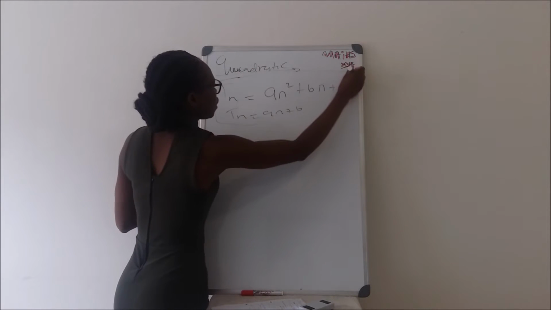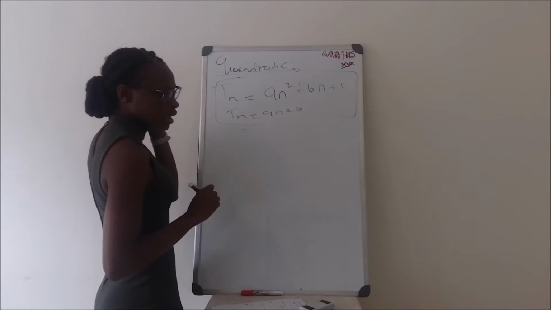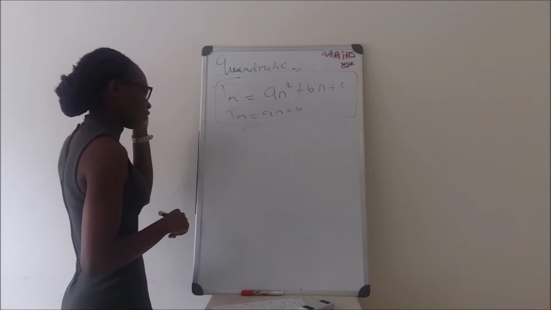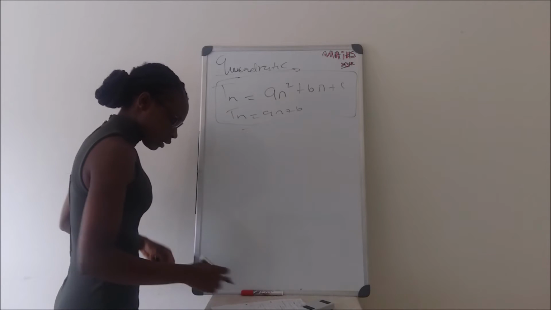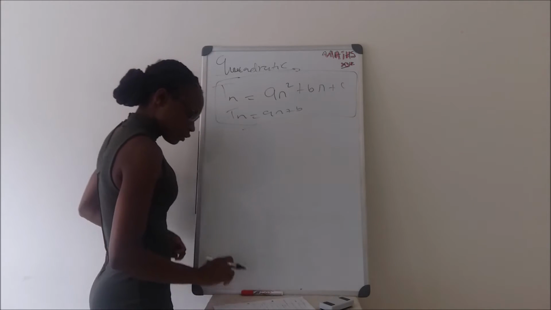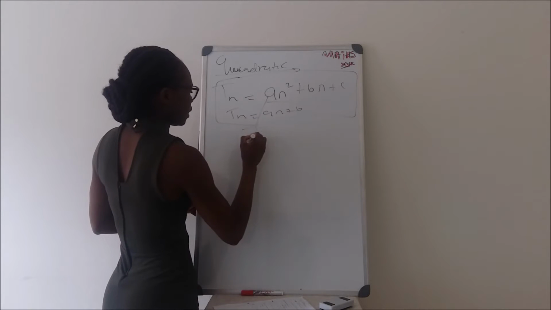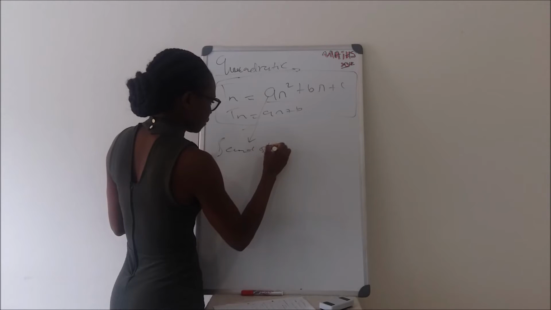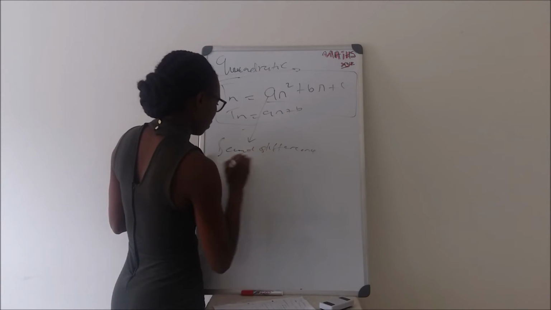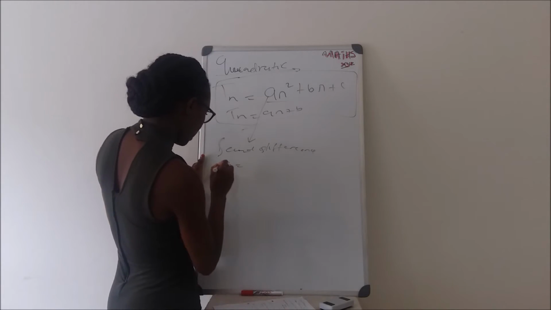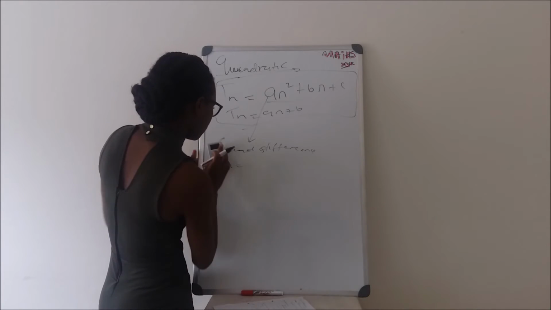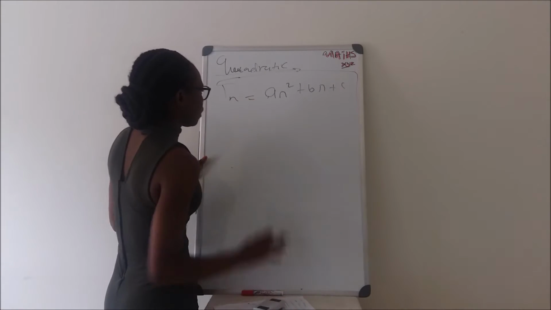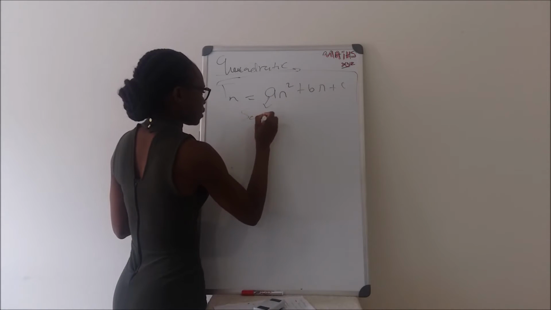Both of these equations are the same as the graph equation of a quadratic graph, and this one is the same as a linear graph equation from graph mathematics. So from this equation, our a here, we can find it by using the second difference. Our a here is the second difference.